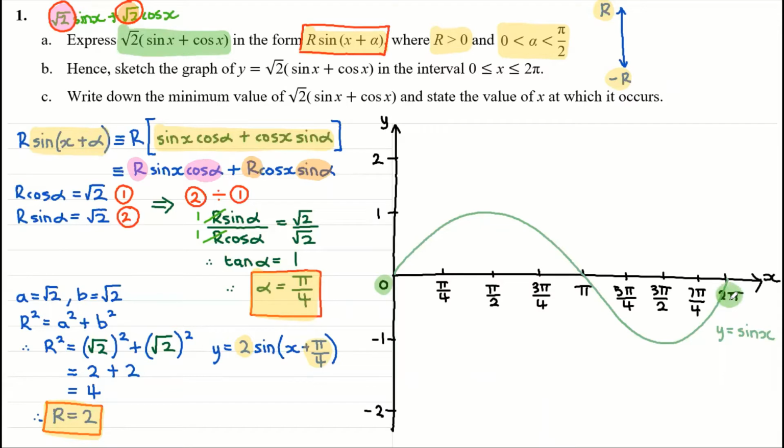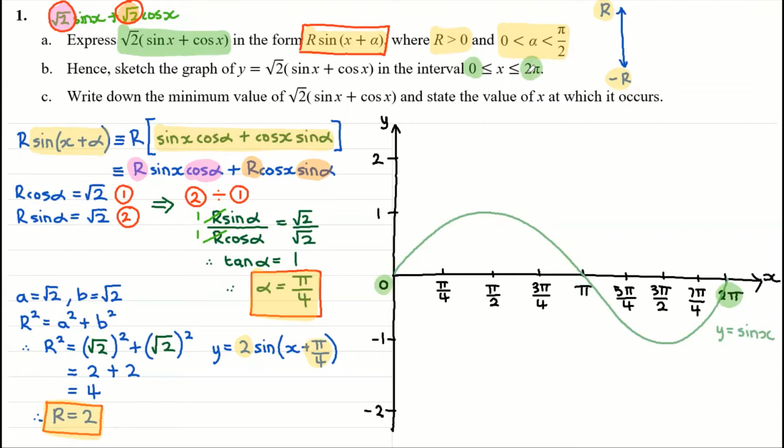So from 0 to 2 pi, that's the domain that we're working in, as it states here. Remember, always read the question really carefully. And we're asked to sketch that harmonic function, but obviously we're going to use the rewritten form that we've just been doing in part A because of the hence part of the question.